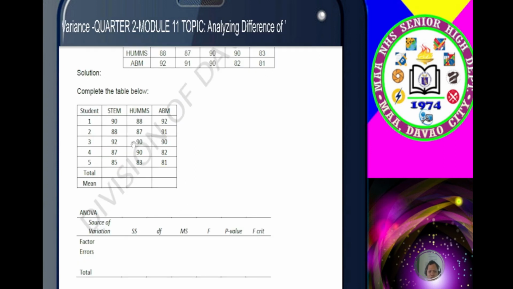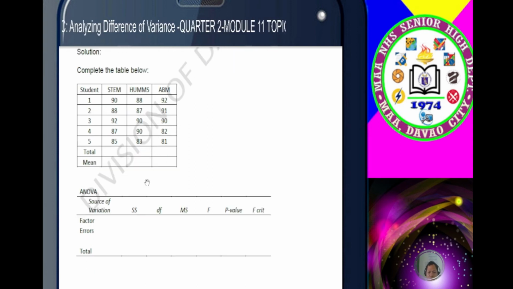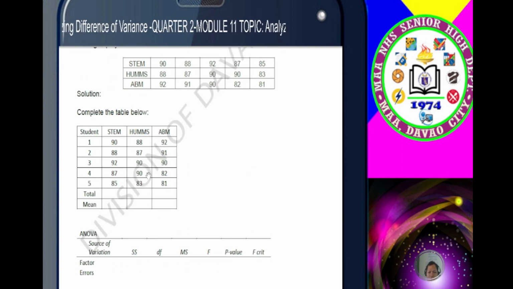So you can set up this type of format in Excel, so you can feed this data in JAS. Same process as we did earlier: you get the mean first of the STEM group, the UMS, and ABM. After that, you get the overall mean.